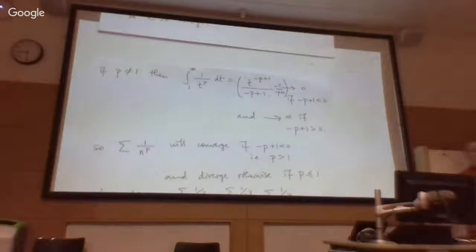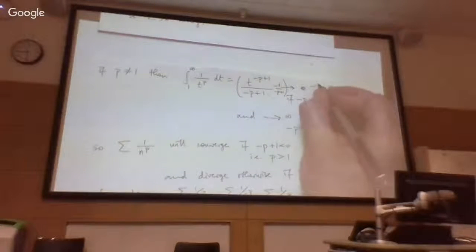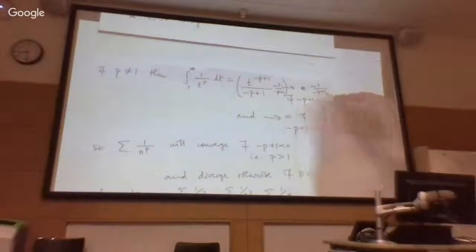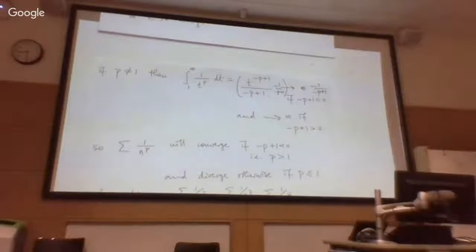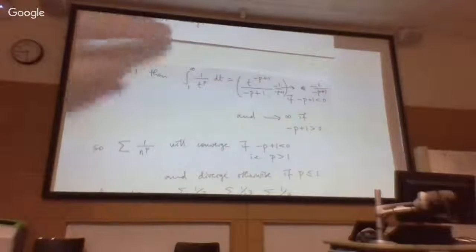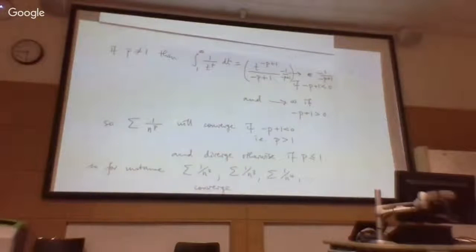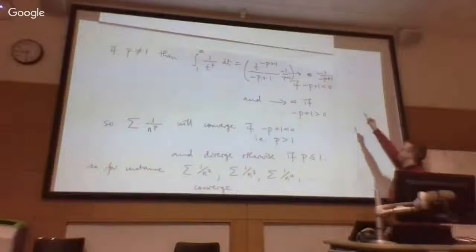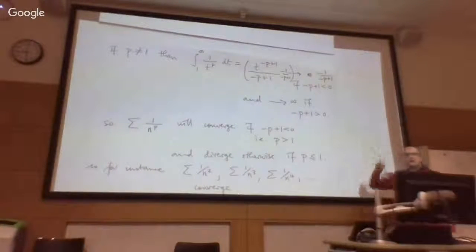So that's minus 1 over... but that's just a constant. So this thing will converge to minus 1 over minus p plus 1. So that doesn't converge to 0 anymore. It converges to that fractional quantity, minus 1 over minus p plus 1.